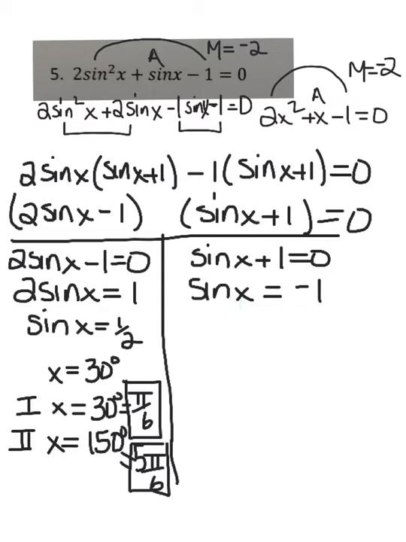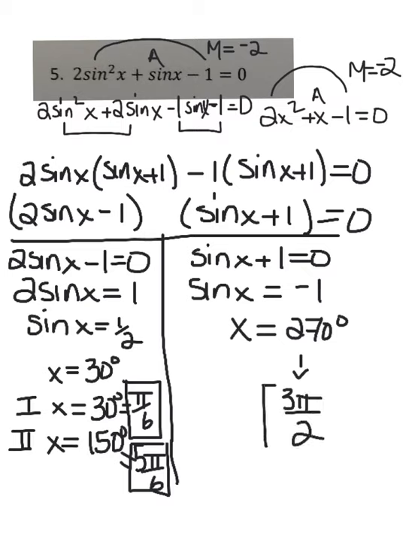And again, at this point, you should start to really get these things memorized. And you would see that that is a degree measure of 270 degrees. And the radian equivalent to that would be 3 pi over 2. Okay, so then when you look at this, you'll see that you have three answers: pi over 6, 5 pi over 6, and 3 pi over 2.